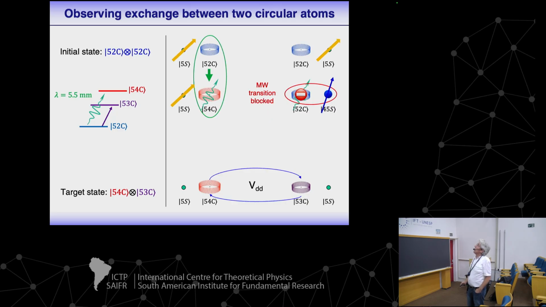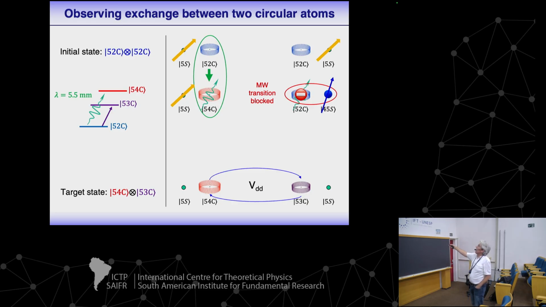And we use, for the first time, the probe for performing that. So when we circularize, we light shift both probes so that they are not promoted to the circular level. And when we perform a microwave transition, a two-photon microwave transition from 52 to 54, we prevent the second atom from performing this transition by first promoting the second probe to the 45S level.